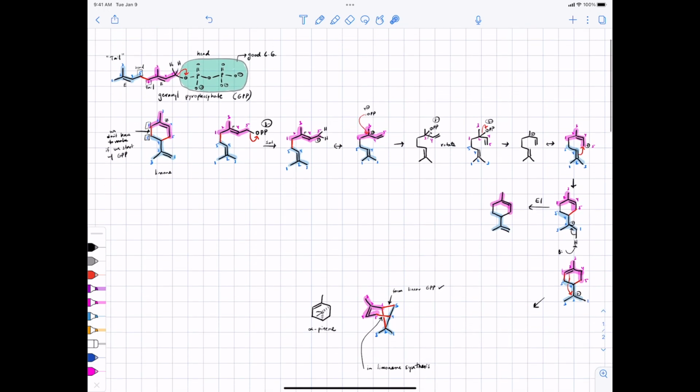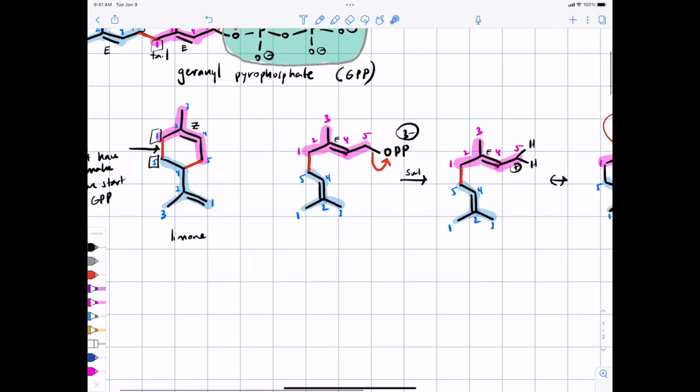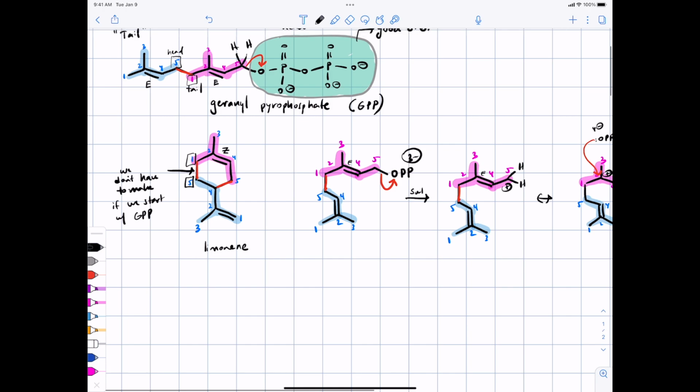And we went through, actually first, the synthesis of a related compound, limonene. We noticed that you needed a cis double bond in the ring, and yet in the precursor, both of the pi bonds are trans.